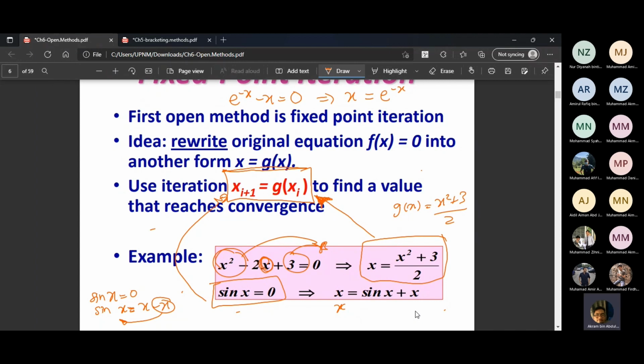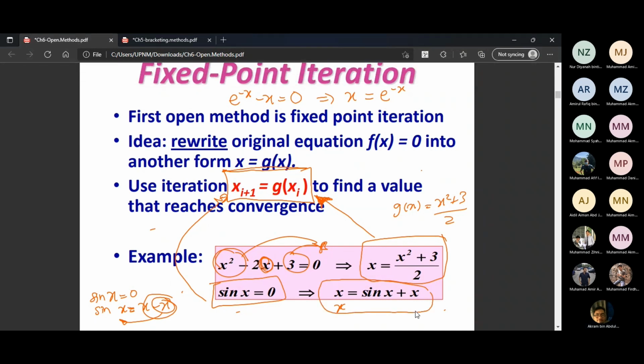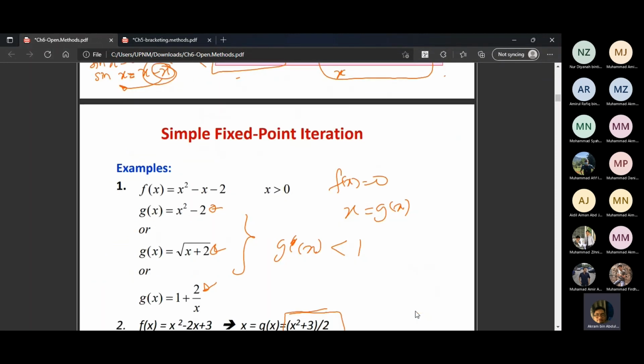If our function is only a single term with x, then we need to assume that on the other side we have x minus x, then we can create it in this form. But if our function involves multiple terms, then it will be more straightforward for us to rewrite the function into a fixed point iteration equation.